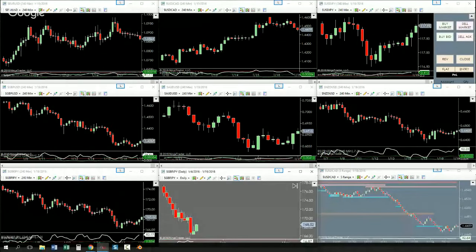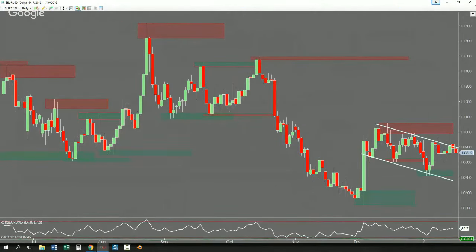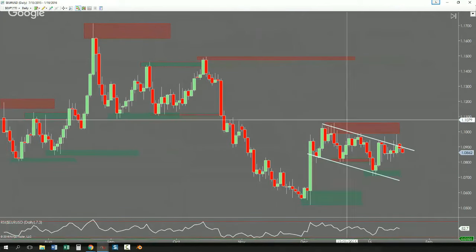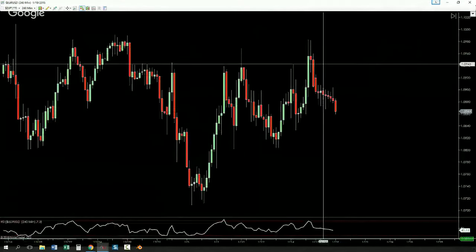Let's start with euro dollar. Euro dollar is still in that bearish channel that we identified last week. Let's go on to our 240.